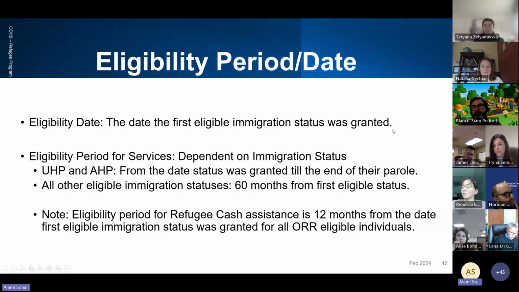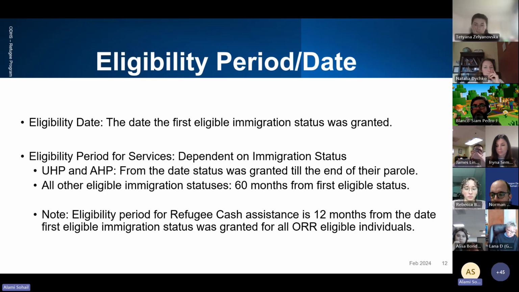Now, eligibility period and eligibility date. The eligibility date is the date the individual received their first ever immigration status that made them eligible. So if an Afghan humanitarian parolee was paroled here, let's say February 1st of 2023, that would be their eligibility date.